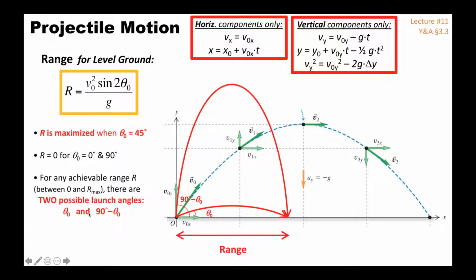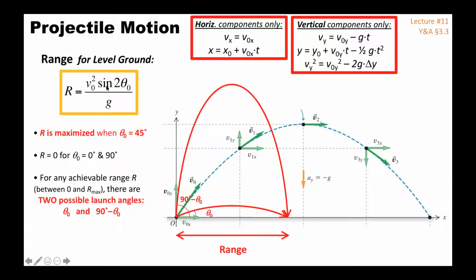And the last thing I would like you to notice is, let's suppose the maximum range over here is way over here. We'll call that R max. What angle should we launch something at to get it to land somewhere closer than R max, but not at 0? So maybe at 1/2 of R max or 1/3 of R max or something like that. Well, it turns out if we plug in any value of R here for the range that is smaller than R max, and then we solve for theta naught to find out what value of theta naught will give us that particular range R, there are two answers, right?